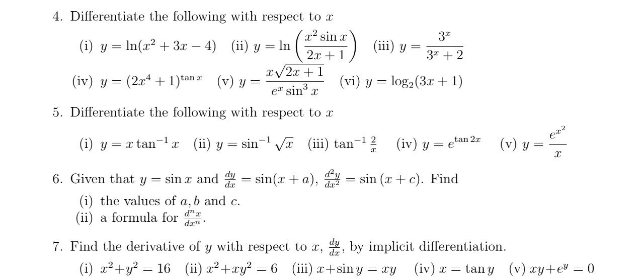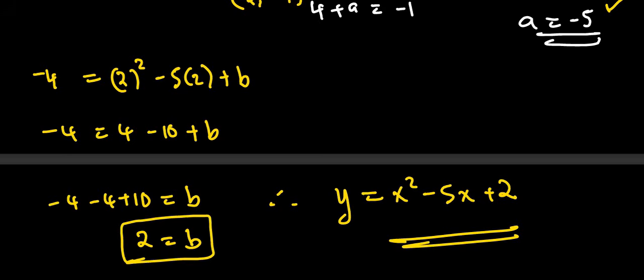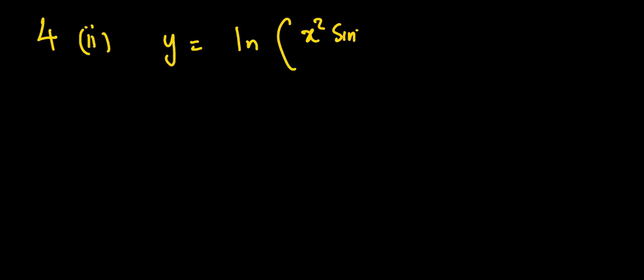The overall rule that is going to be obeyed is the one that follows the ln, but then how do we differentiate the expression inside? It is going to be as follows. Question 4.2, y equals ln(x squared sine x over 2x plus 1).